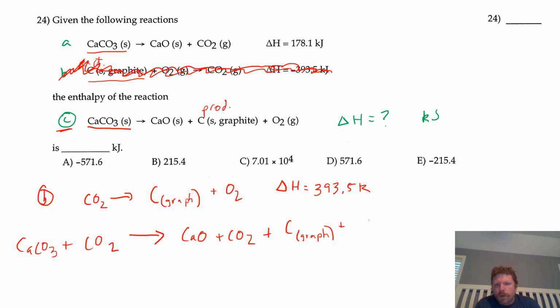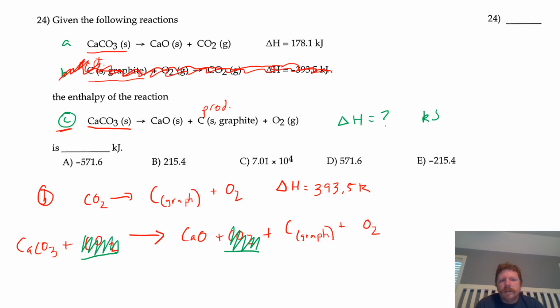Okay, so now what I want to do is look for things that are the same in my overall rewritten reaction where I've combined all my reactants and my products. What I see is that CO2 is both a reactant and a product. And if it's a reactant and a product, then I don't need to worry about it. It basically did nothing in that reaction.